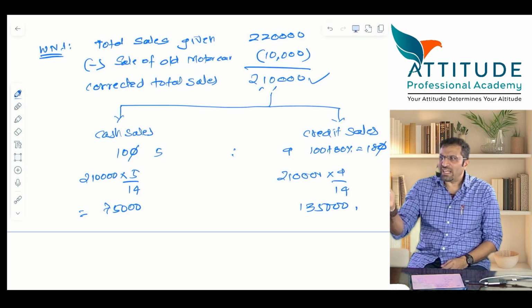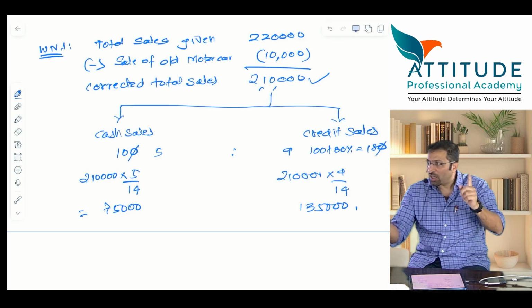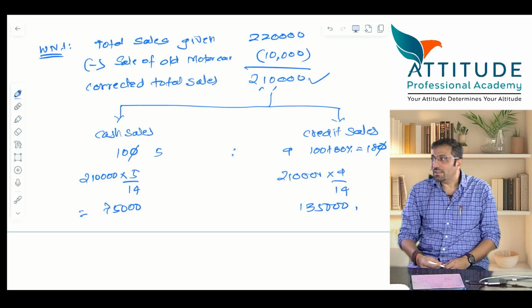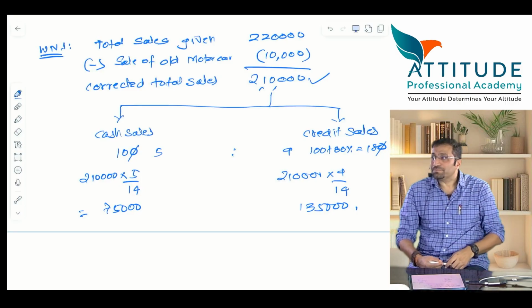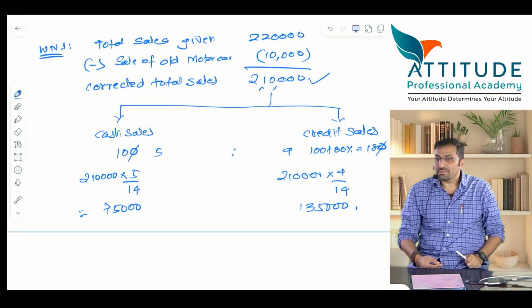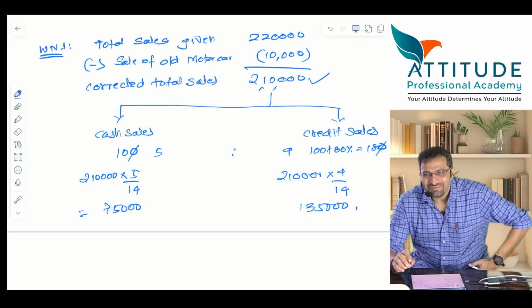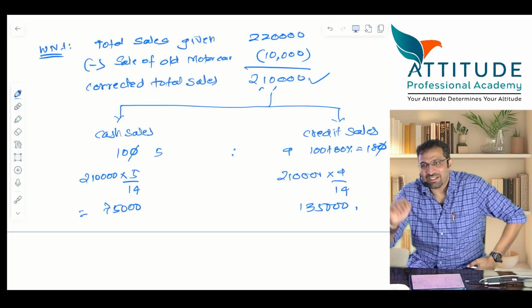Good. Why did the others get the wrong answer, and all of you got the wrong answer at once? What did you do? What did you take? You took 80 and 180? What ratio did you take? You took 80 and 100. Yes or no? One is 80, another is 100.